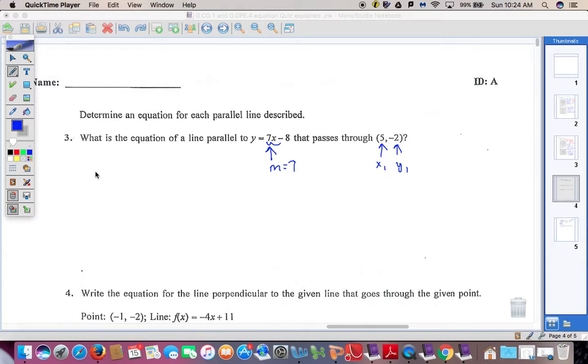So I'm going to use my equation that says y minus y1 equals m times x minus x1, and substitute and then solve. So I have y minus a negative 2 is equal to 7 times x minus 5.